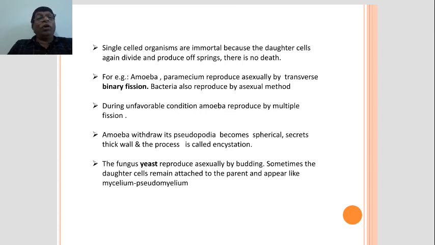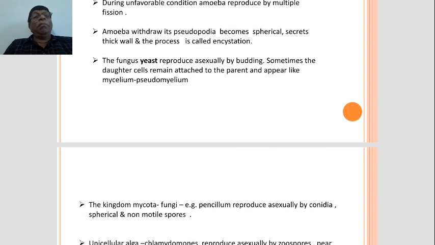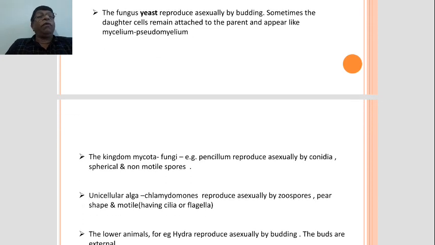Sometimes in yeast, what happens? A very important point for NEET or CET. The bud formed, or the daughter cells which are formed, will not separate and appear in the form of a mycelium.